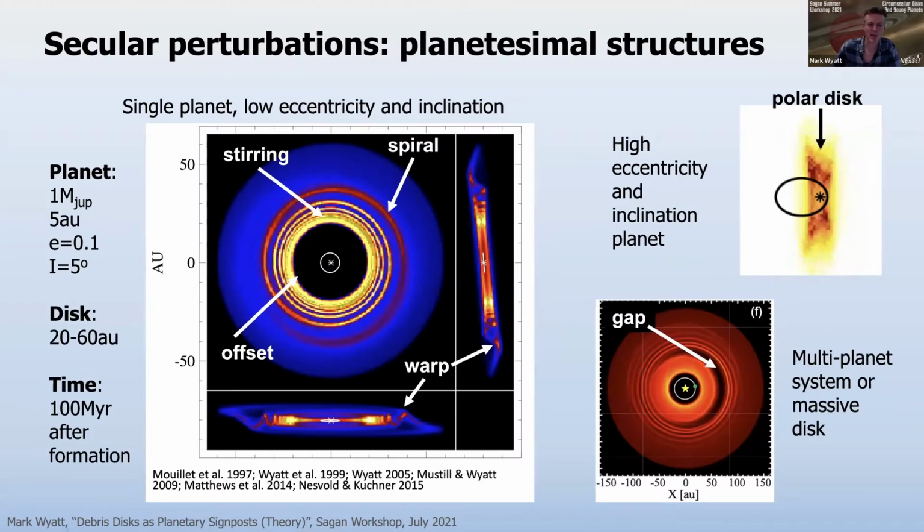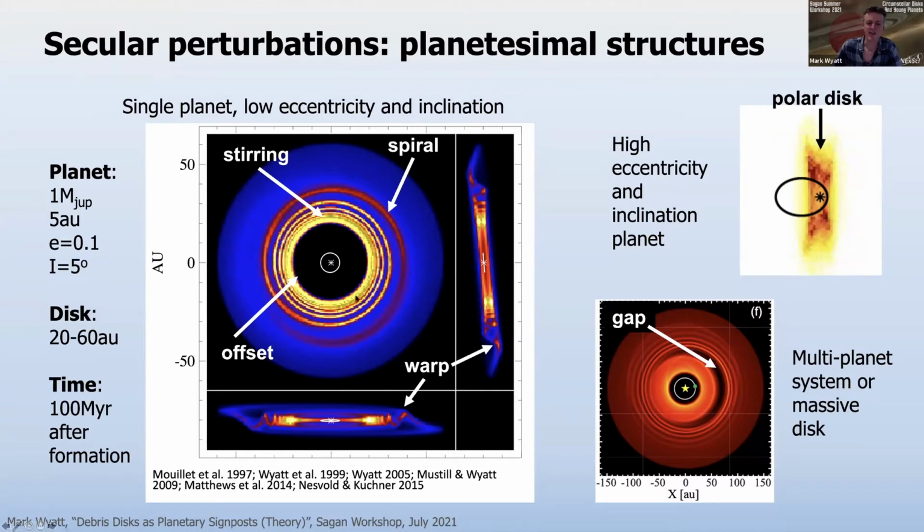So what do secular perturbations do to the planetesimal disks? Well, this panel here on the left shows the structure of a disk 100 million years after a Jupiter-like planet forms within it, close in here. You see this tightly wound spiral structure that propagates through the disk, and very close to the planet, this spiral structure becomes wrapped, and the orbits of the neighboring planetesimals can start colliding and creating the dust.